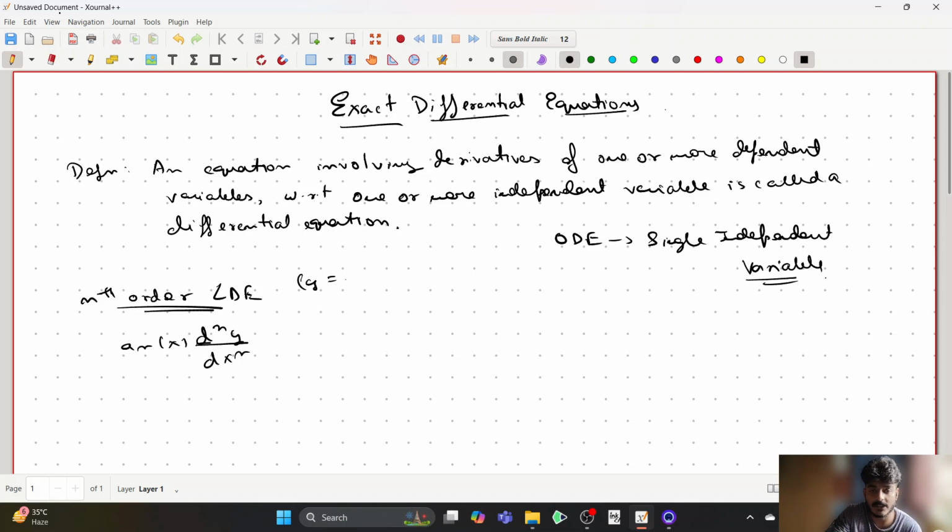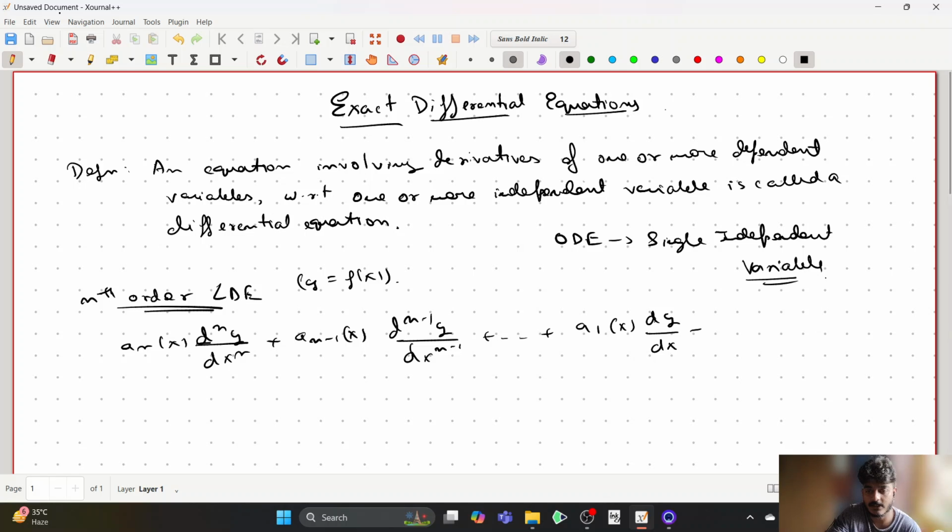Okay, so y is basically a function which depends on x, right? Plus a_{n-1}(x) d^{n-1}y over dx^{n-1}, and it continues till a_1(x) dy over dx plus a_0(x) y equals some function of x.